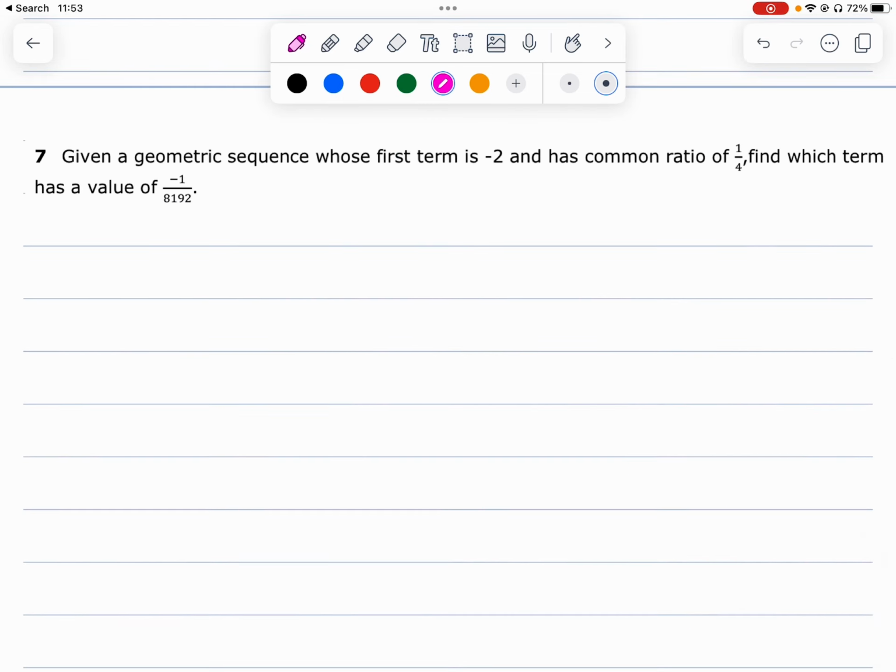Then, given a geometric sequence whose first term is negative 2 and common ratio is 1 upon 4, find which term has a value of negative 1 upon 8192. So negative 1 upon 8192 equals first term negative 2 times common ratio 1 upon 4 whole power n minus 1. The negatives cancel and the 2 gets multiplied.